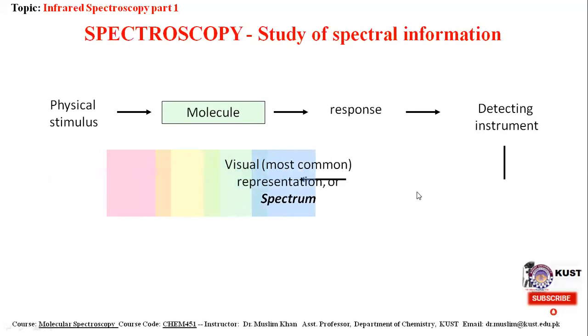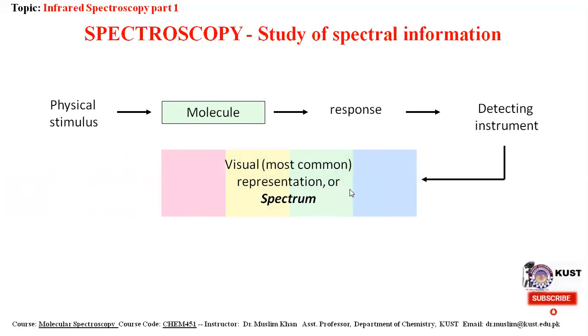From measuring this response, we get a spectrum, which is the most common visual representation, and then we get the required information from the spectrum.